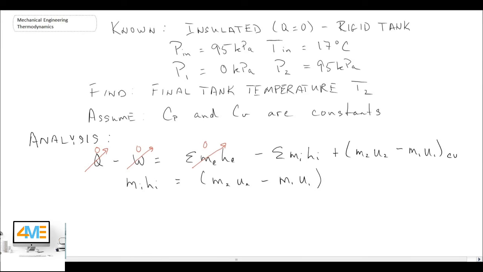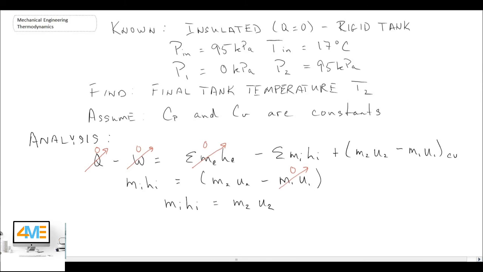So that's what our first law looks like. Now, we were also told that it was originally evacuated, meaning that there is no mass in the tank at the beginning, at state 1. And consequently, this term also goes to 0, simplifying it even further. So what we are left with is the following equation for the first law.